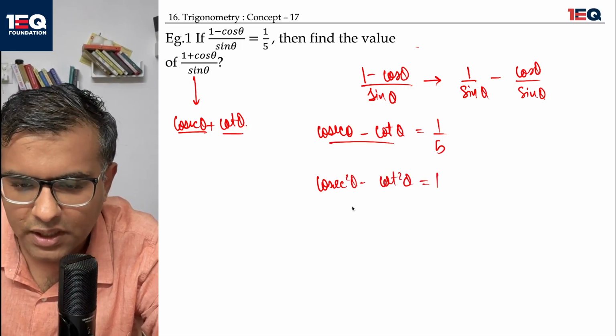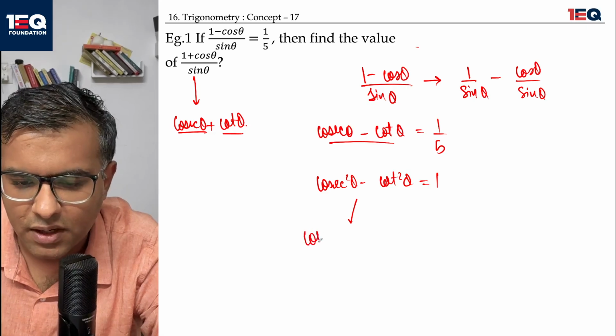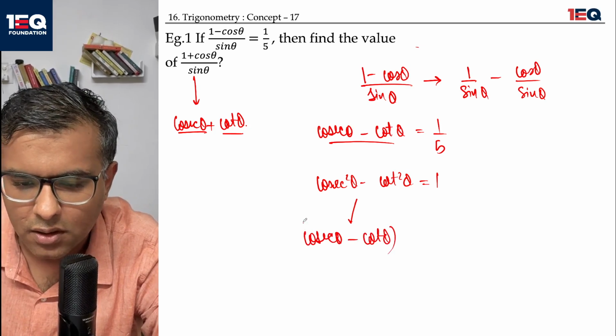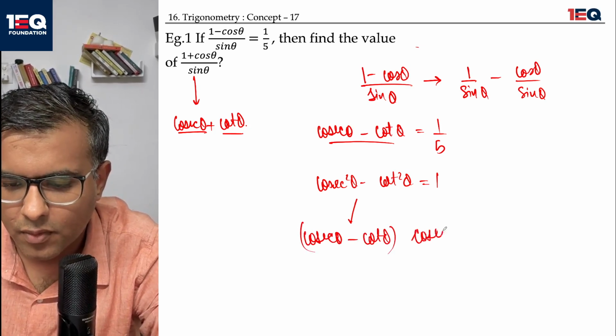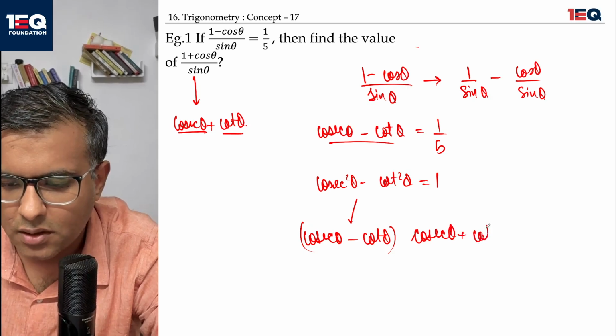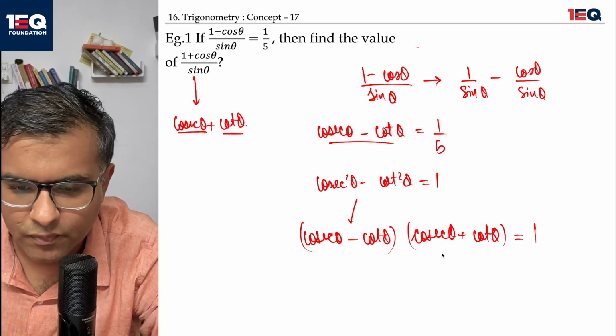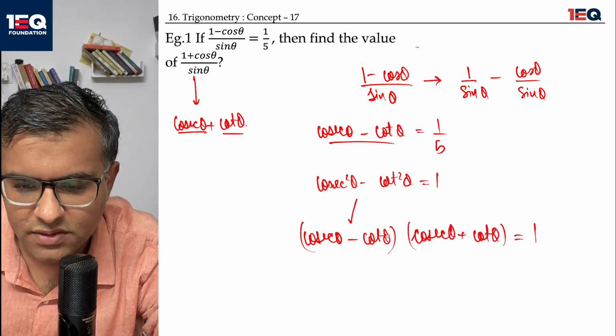This is a square minus b square, so I can say that cosec theta minus cot theta multiplied by cosec theta plus cot theta is equal to 1. So I have this component available with me.